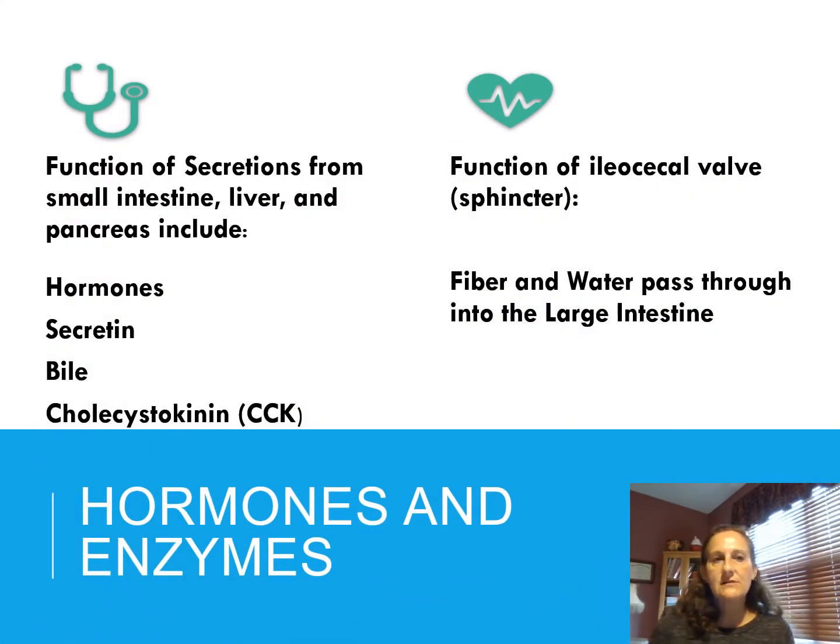Let's just touch on hormones and enzymes. There's a whole slew of hormones, like secretin, that actually send messages to the pancreas. Now, if you remember, the pancreas sends bicarbonate to the small intestine. Why?